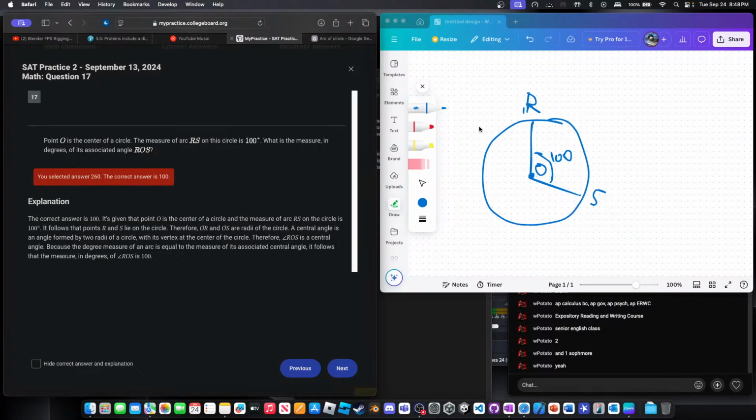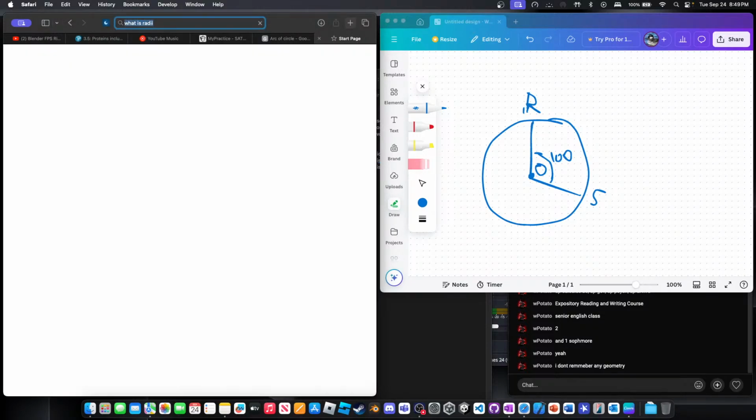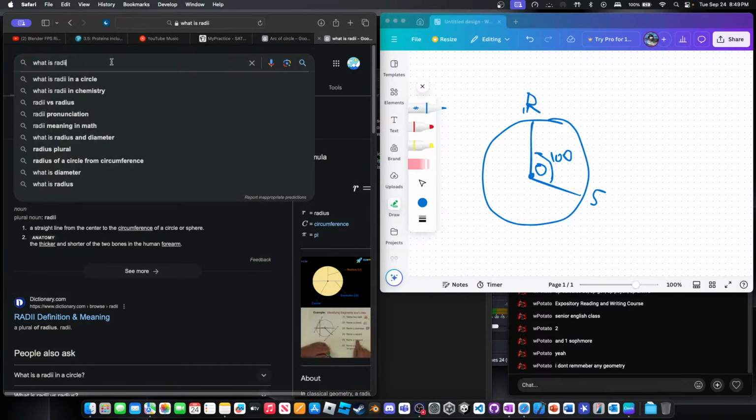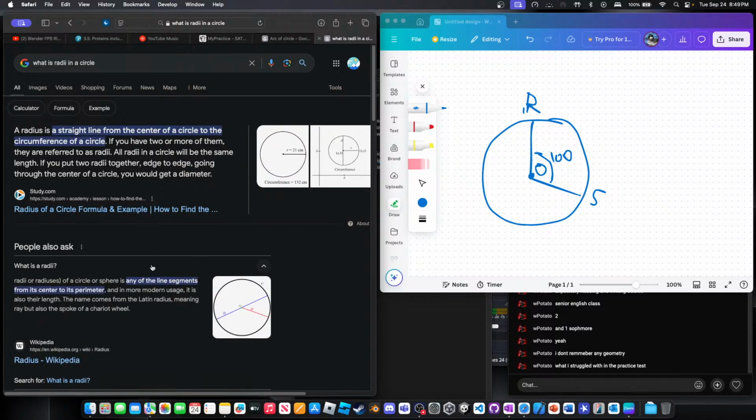Two points are radii. What are radii? Any line segments from its center to its perimeter.